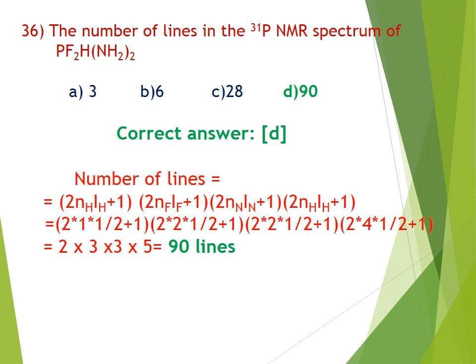Here there are two types of proton, 1 proton and 4 protons. You substitute the values as given in the equation, you will get 90 lines. Therefore, the number of lines in the P31 NMR spectrum of PF2(NH2)2 is D, 90.